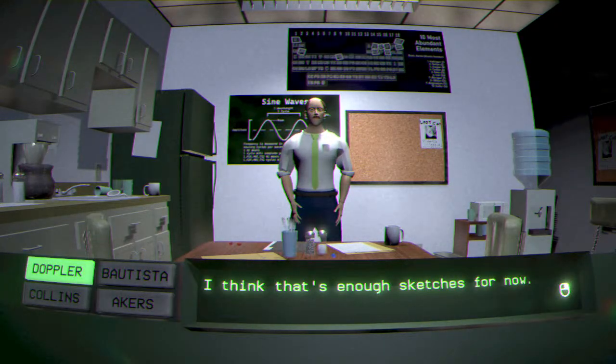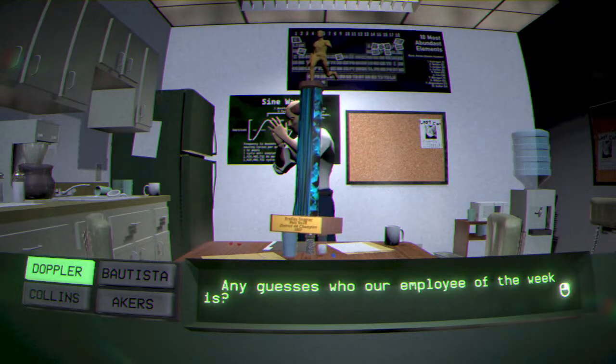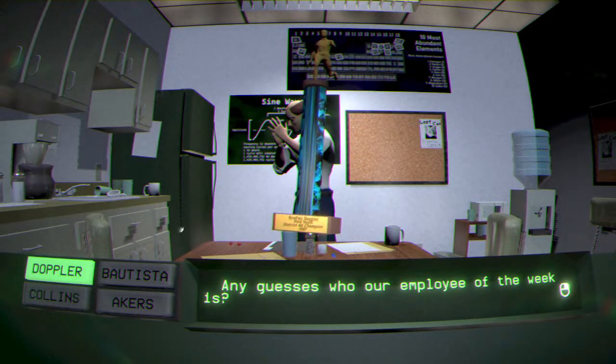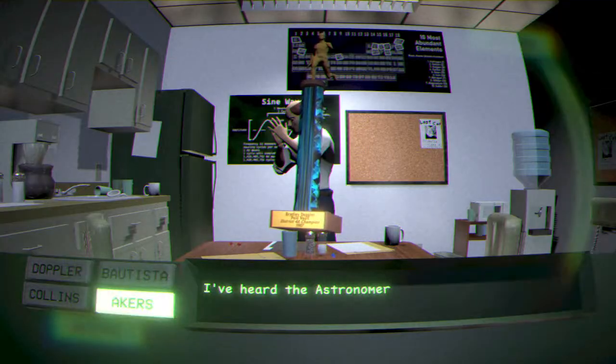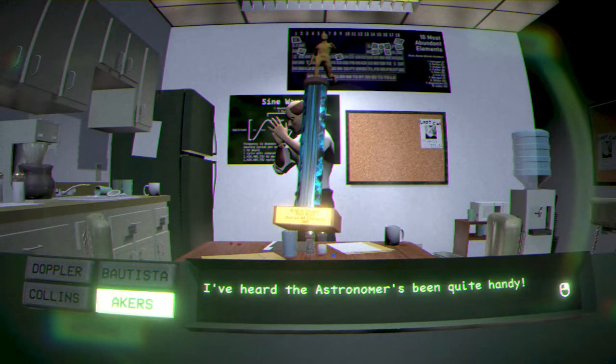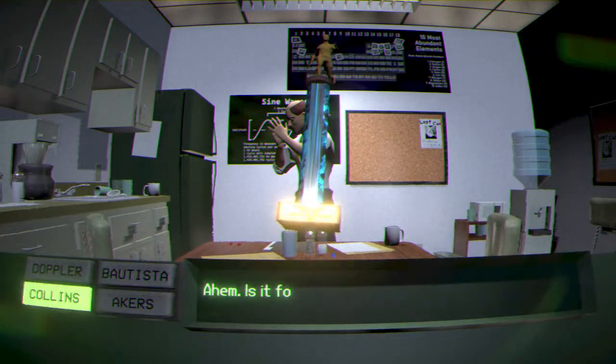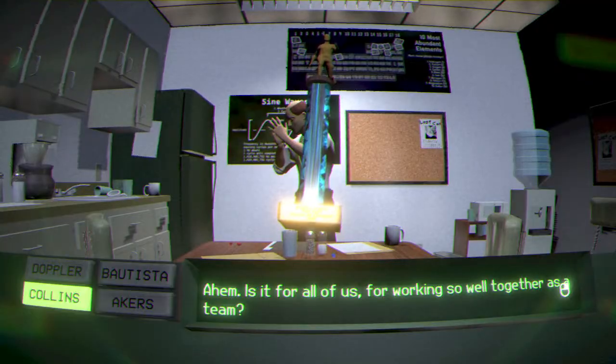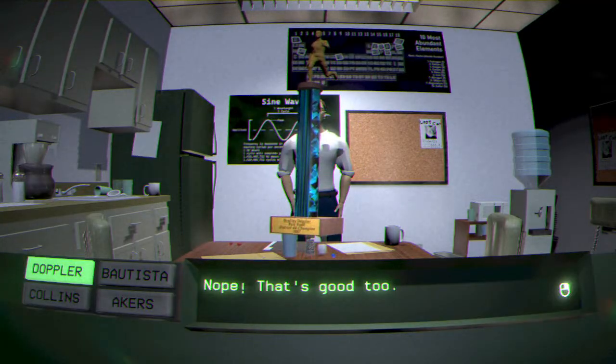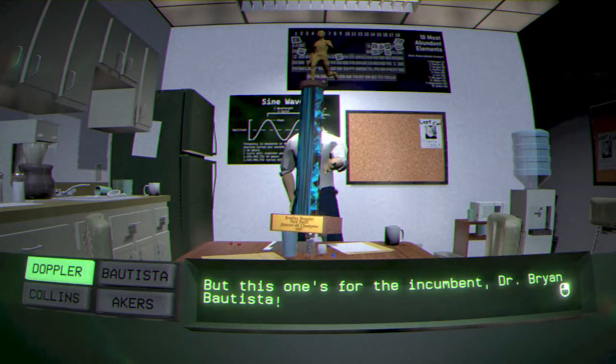I think that's enough sketches for now, but I do have another trophy to present. Any guesses who our employee of the week is? I've heard the astronomers are quite handy. Ahem. Is it for all of us for working so well together as a team? Nope, that's good too. But this one's for the incumbent, Dr. Brian Batista.